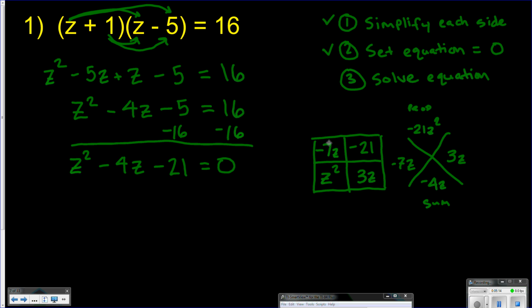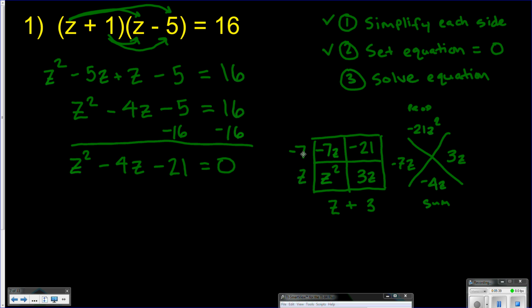Now we're going to look for the greatest common factor in the left column. So z squared and negative 7z, they both have a z in there, so we're going to pull out this z. And z times z gives us z squared. Z times negative 7 gives us negative 7z. And then z times positive 3 gives us positive 3z.